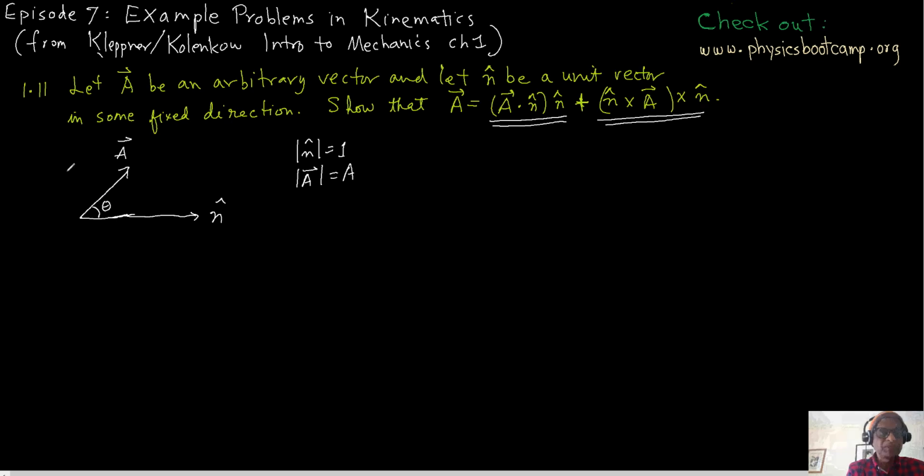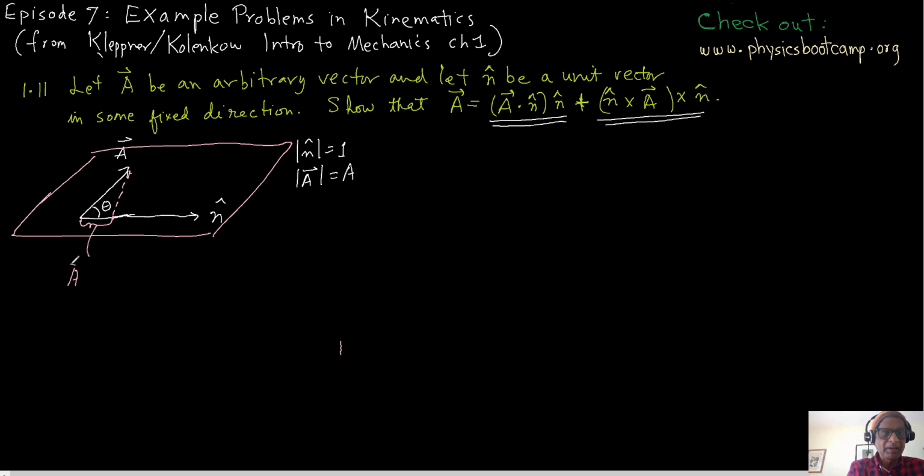These two vectors lie in this plane. If I project on this, this part is A dot n hat, which is A times the magnitude of n hat times cosine theta, which is A cosine theta.